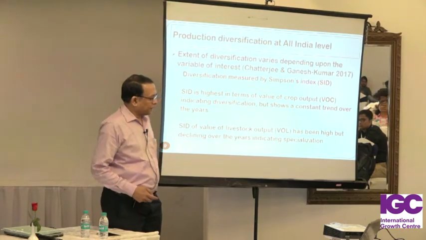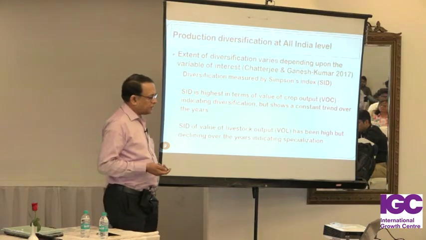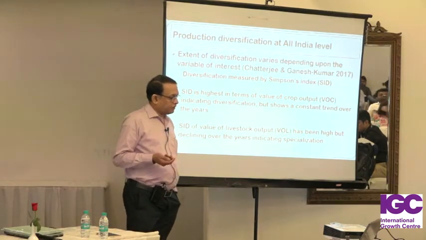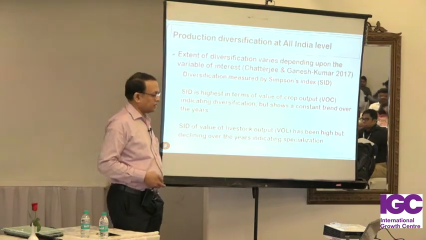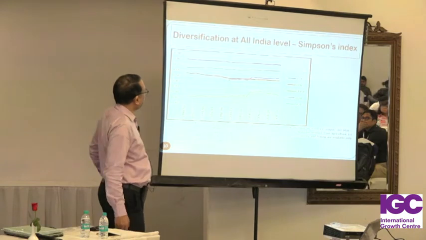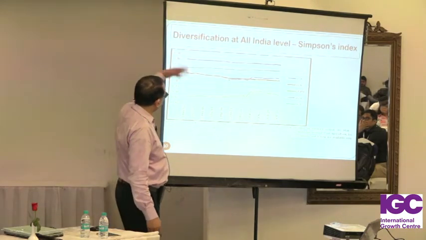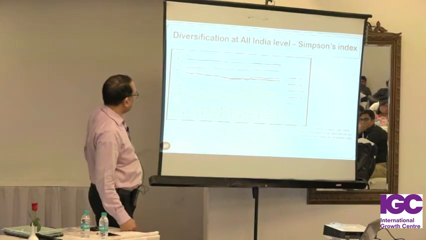Similarly, the Simpson's Index for the value of livestock output has also been high, but it is declining over the years, indicating that some specialization is taking place. This is the Simpson's Index plotted here for various years.